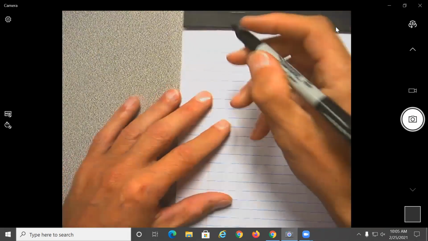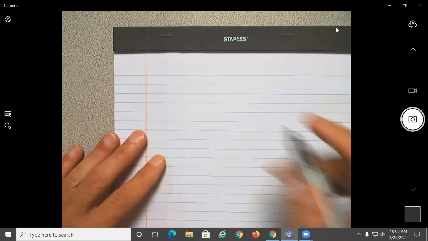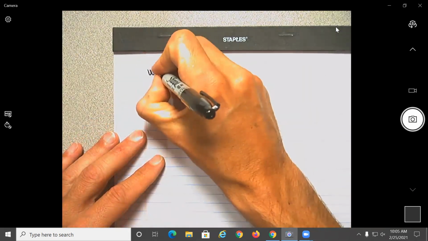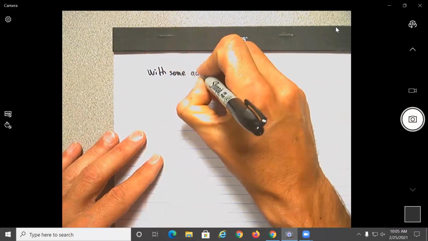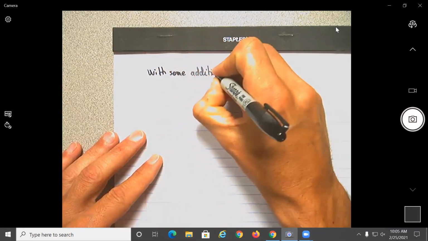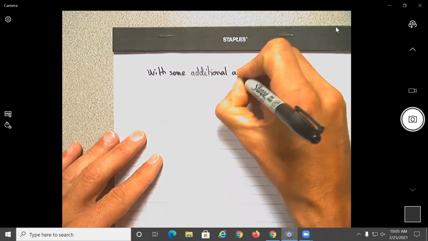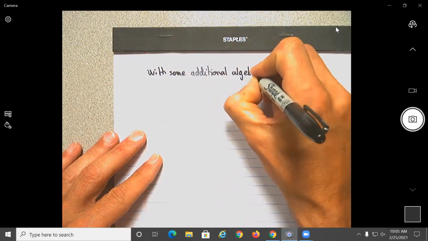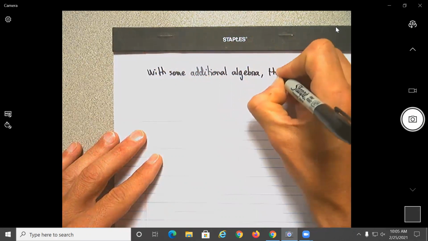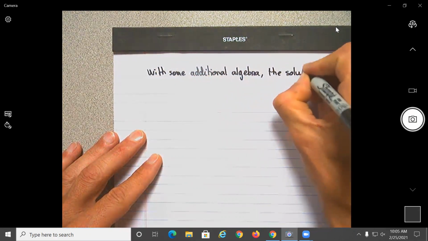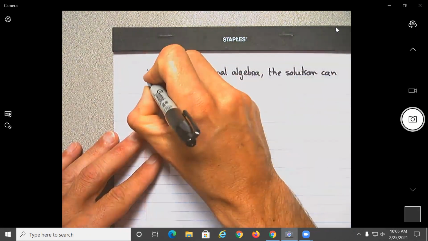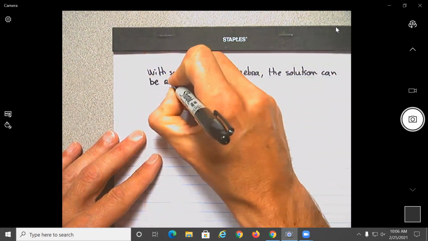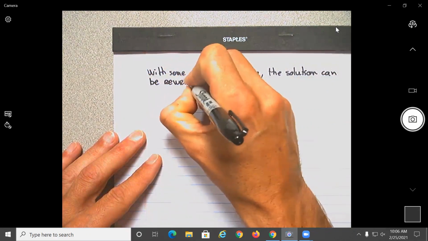All right, so let's say that with some additional algebra, the solution can be rewritten.